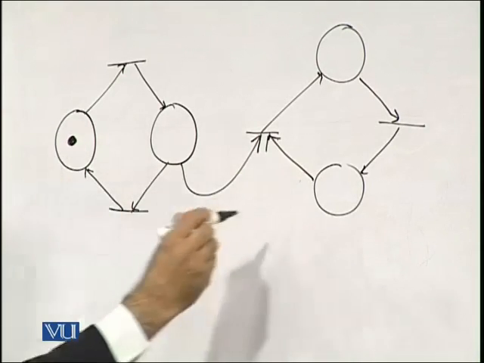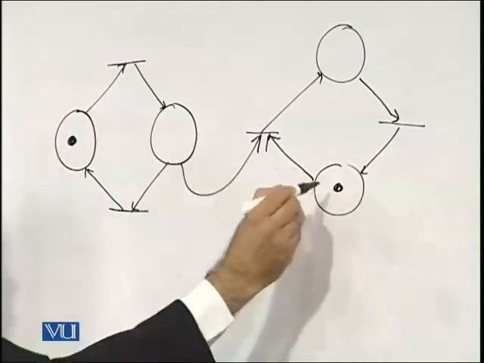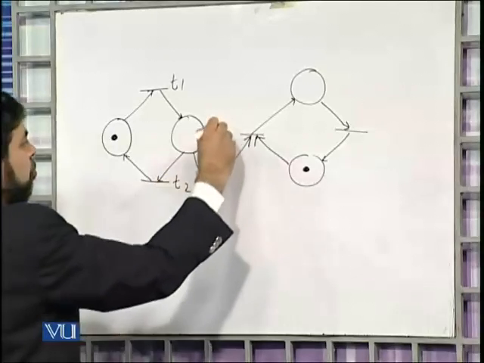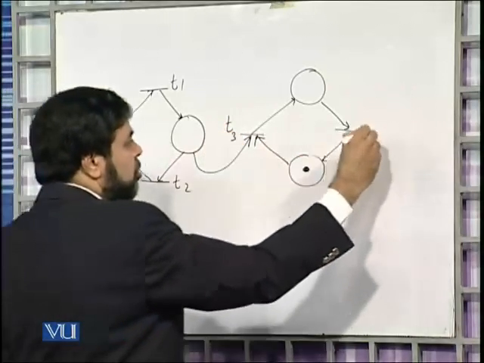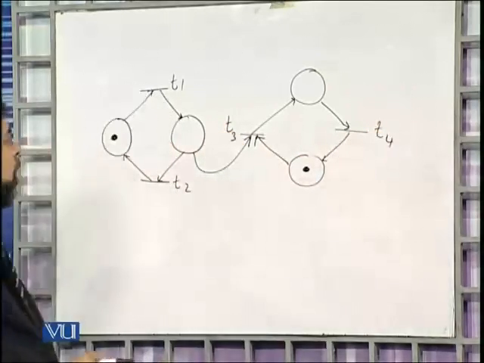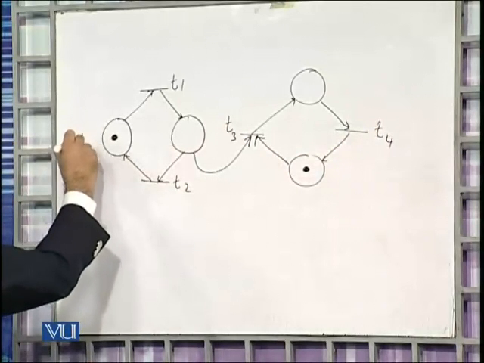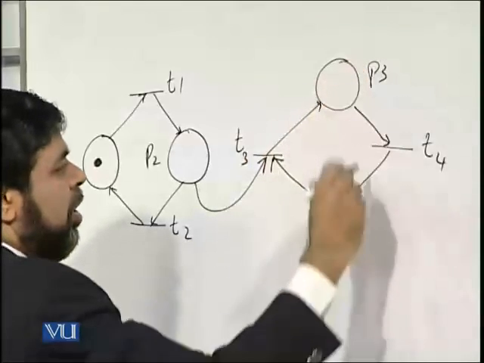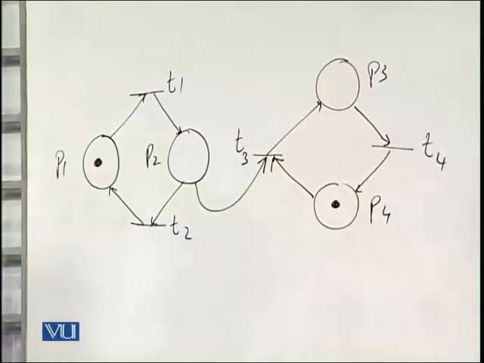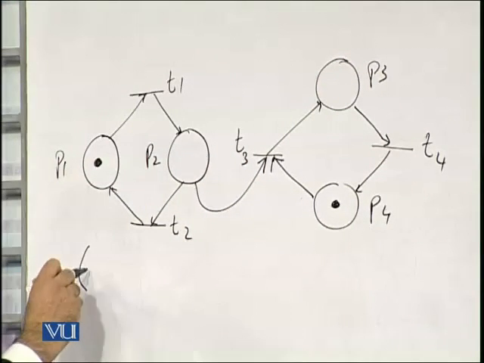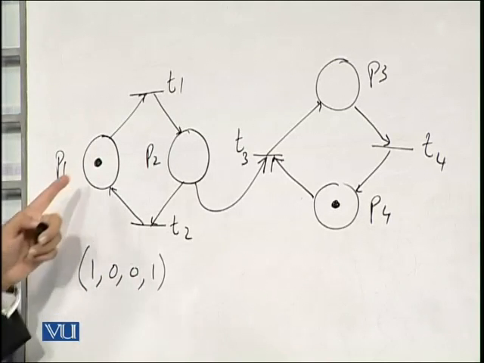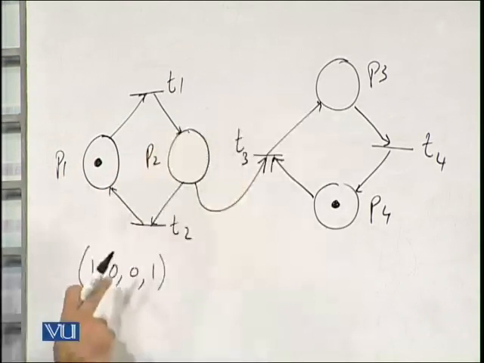The initial marking is, let us give the names to the transitions. This is T1, this is T2, this is T3, and this is T4. And we have this place, let's call it P1, this is P2, this is P3, and P4. So the marking says that we have 1, 0, 0, 1. One token in place 1, no token in place 2 and 3, and 1 token in place 4.